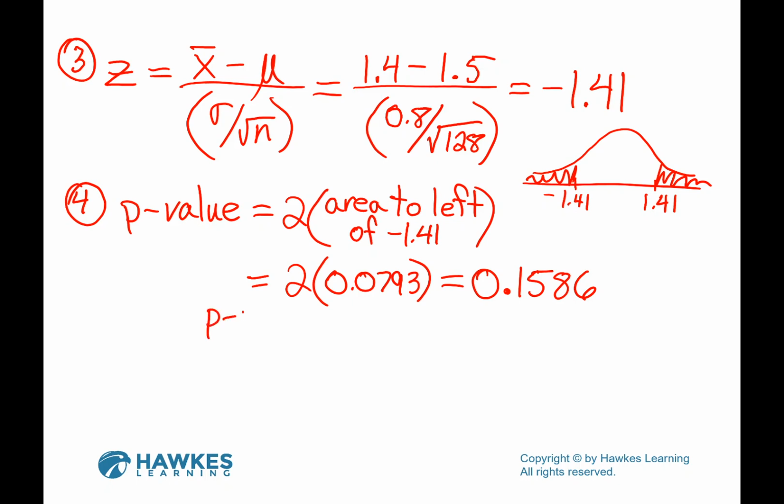So if we compare 0.1586 to our significance level, which was 0.1, on this one, 0.1586 is bigger than alpha. So our p-value is not low. It's not smaller than alpha. So what's our conclusion? Yeah, we fail to reject the null hypothesis.